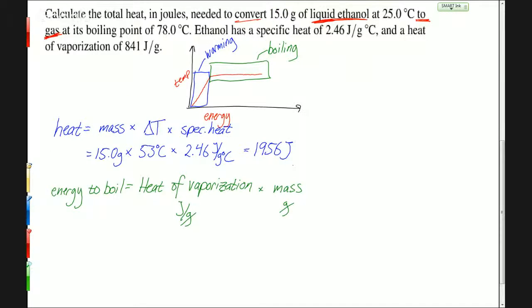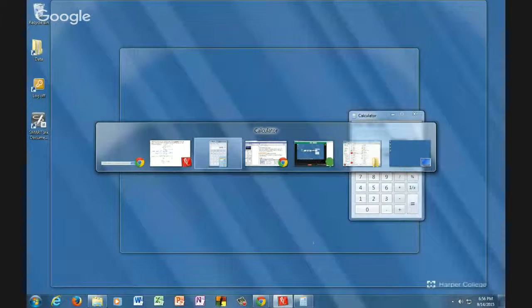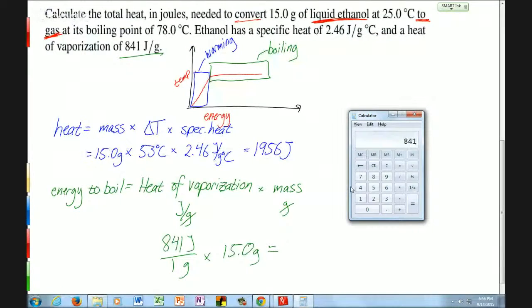All right, so based on our problem here, our heat of vaporization is given. That for ethanol, that is 841 joules per gram, per 1 gram. And we are multiplying that by 15 grams because all of it has to boil. 841 times 15.